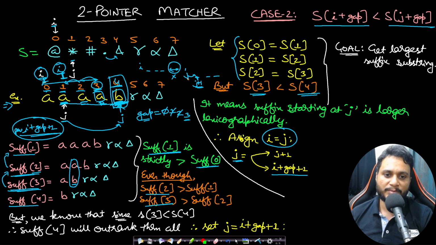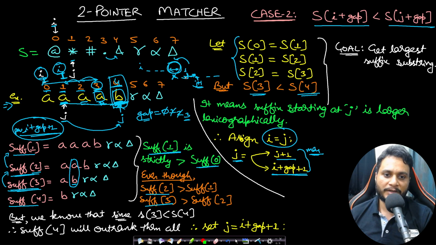So we will always be moving j to the right-hand side, and we will take the maximum of j plus 1 comma i plus gap plus 1, because if I take the maximum, it will eliminate this case as well. If there is a lot of gap, that means a lot of items in between j and i, at least one item which was not processed, then i plus gap plus 1 will come on the left-hand side of the previous j value, which should not happen.